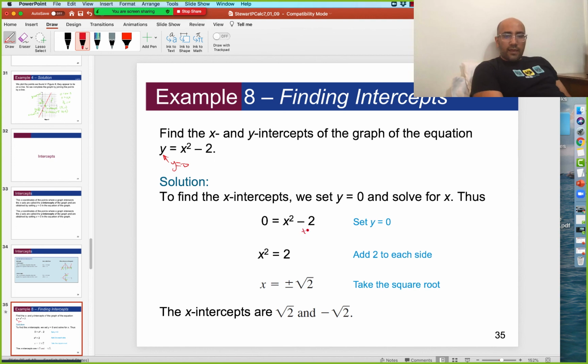Then we add 2 to both sides, and taking the square root, we get plus or minus the square root of 2. So here are our 2 intercept points. As ordered pairs, they are the square root of 2 comma 0 and negative square root of 2 comma 0.